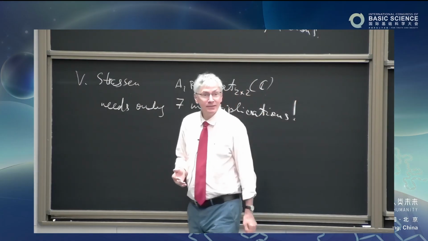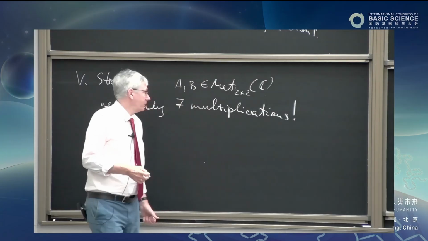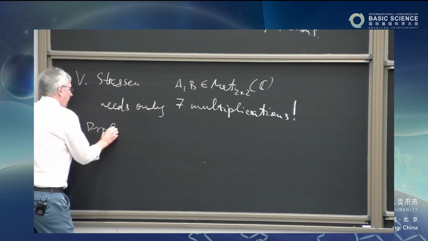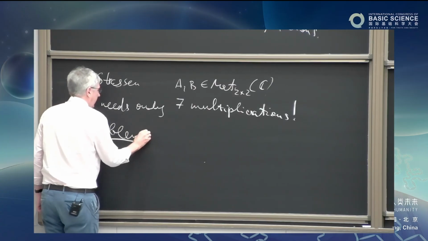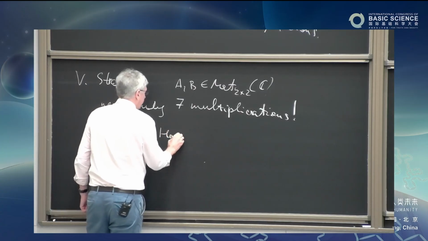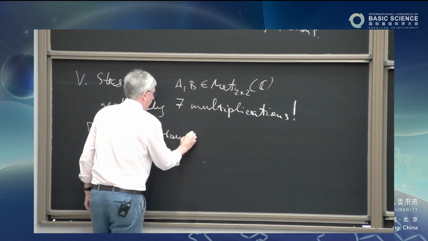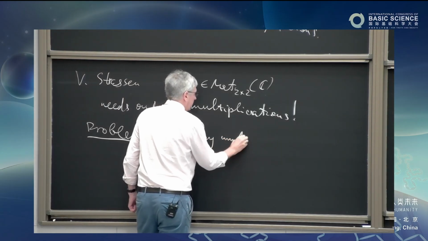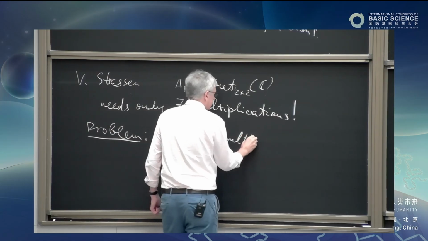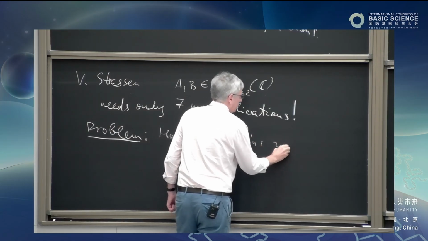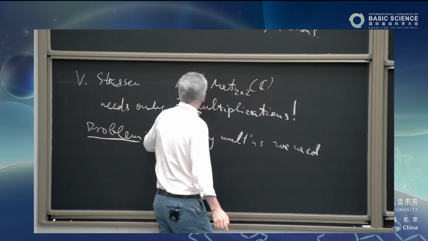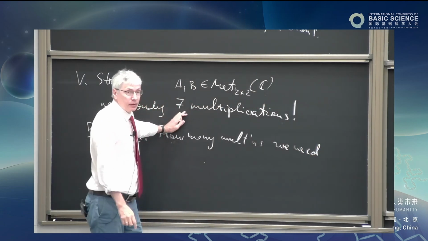And then he realized that actually 7 multiplications is enough. So the main question: how many multiplications do we need? It was later proven that 7 is actually the minimal number of multiplications.